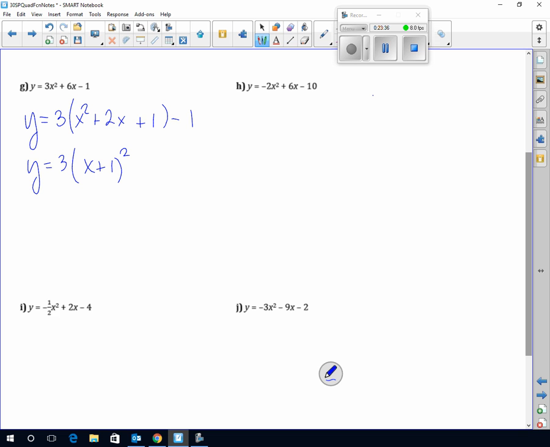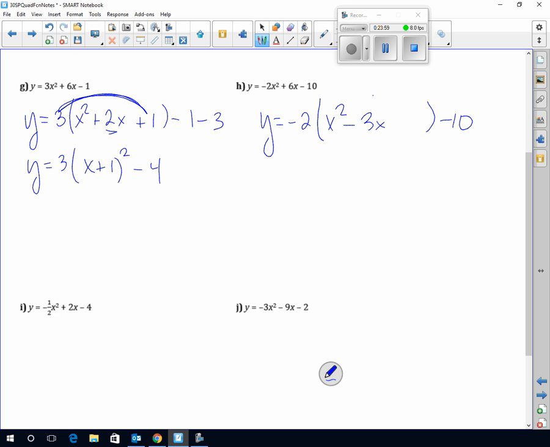Okay, next one. Y equals negative 2 bracket x squared. If I factor the minus 2 out of the middle term, it's going to be minus 3x. Did everybody get that in their first line? Yeah. Okay, so now I have to take half of minus 3. What's half of minus 3? Minus 1.5.